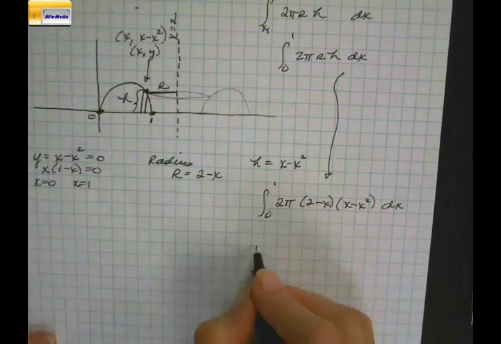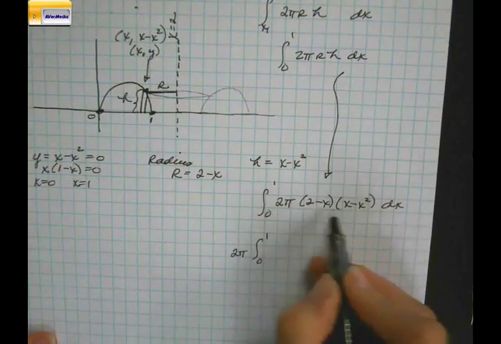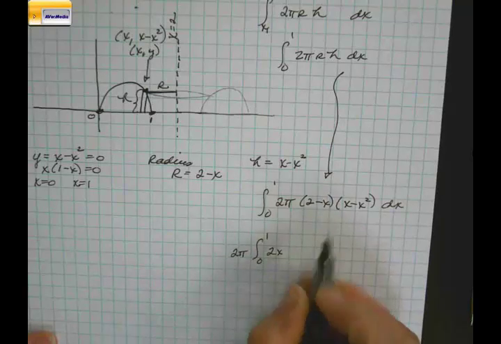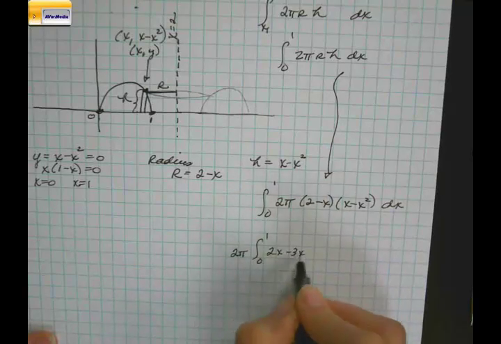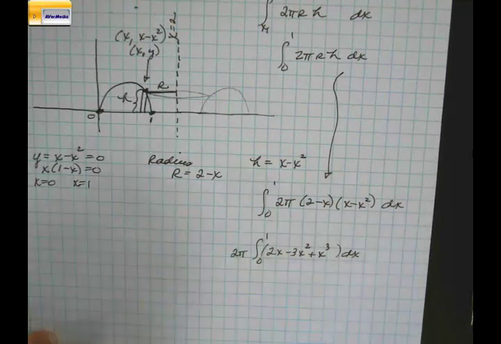Okay. All right, so now you can pull the 2 pi out front, and when you FOIL the binomial times the binomial, this is 2x minus x squared minus 2x squared, which is minus 3x squared, plus x cubed, dx.